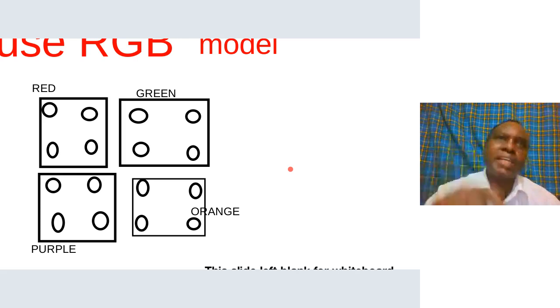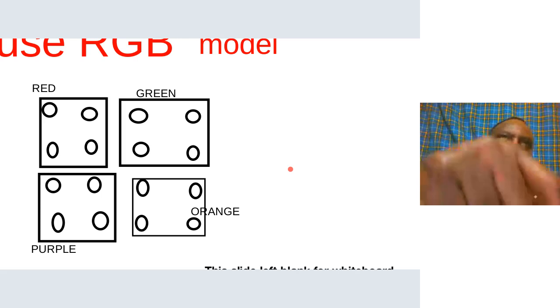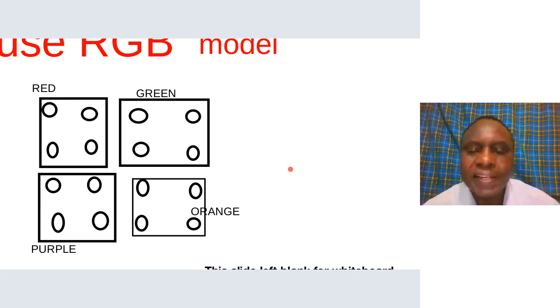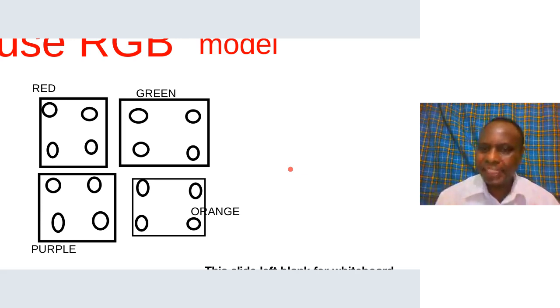Each combination represents a different item. So if it's a color, each will be representing a different color. So 000 will be one color, 001 will be another color, 101 will be another color, etc. And that is how finally the various colors can be created and displayed.